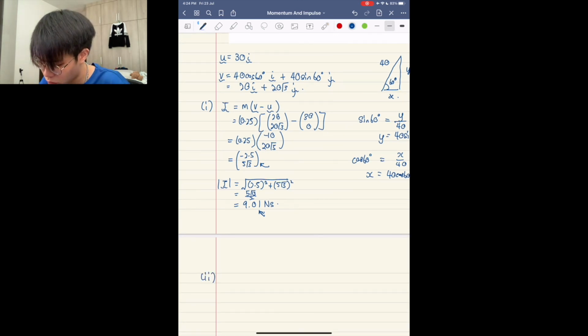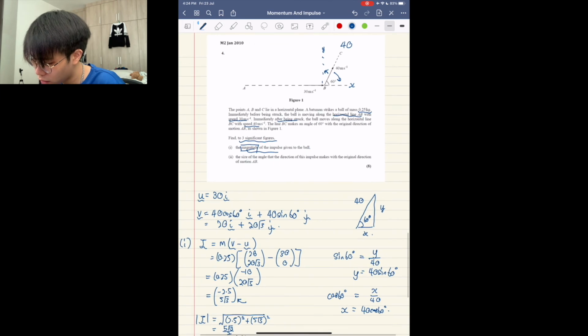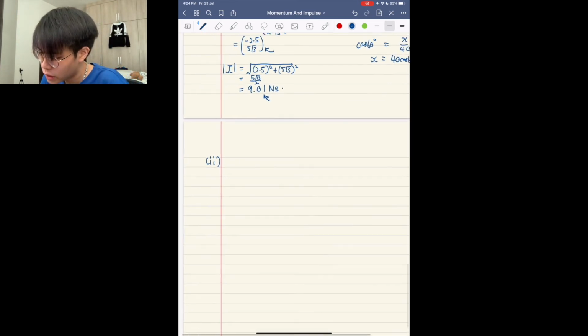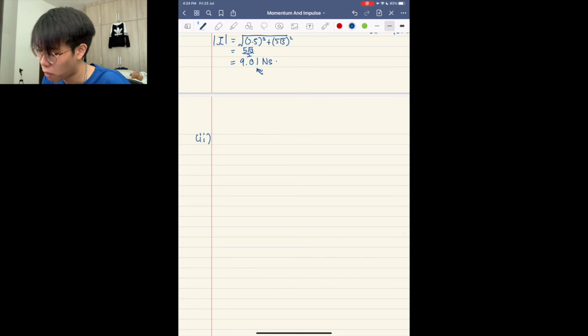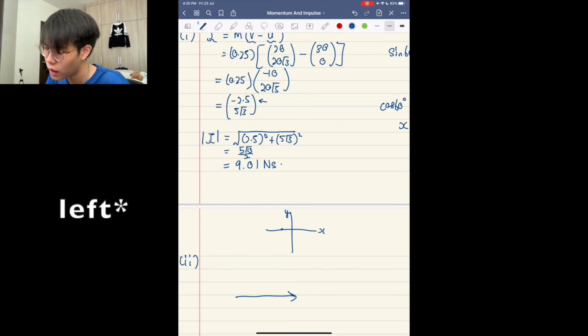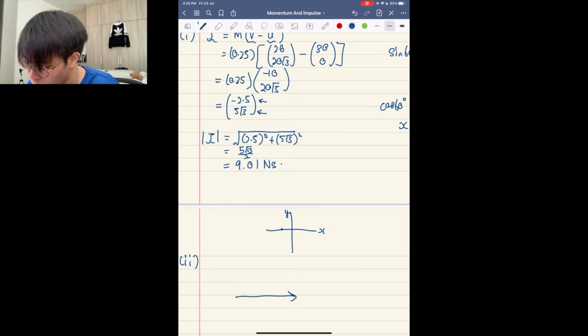Okay, number two, we need to find the size of the angle that the direction of this impulse makes with the original direction of motion of AB. So the original motion of the ball is going to the right. To find the direction of the impulse, we can draw a simple graph, and the x value is negative, so it's at the left side, and the y value is positive, so it's above the x-axis.